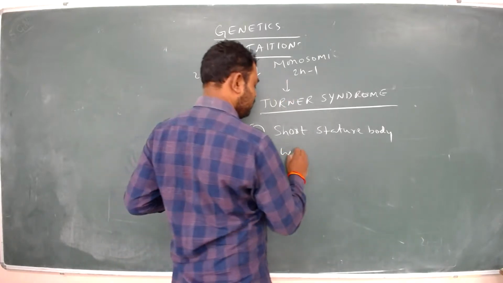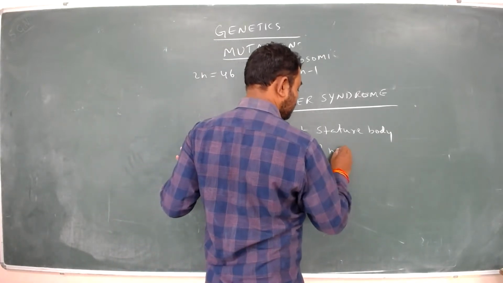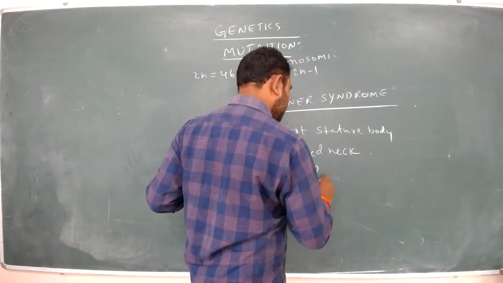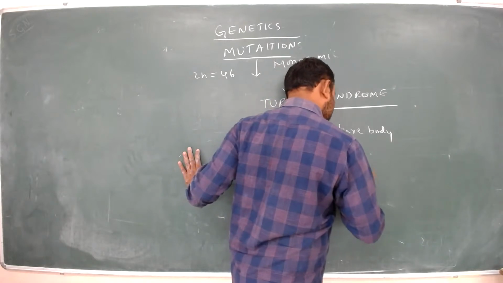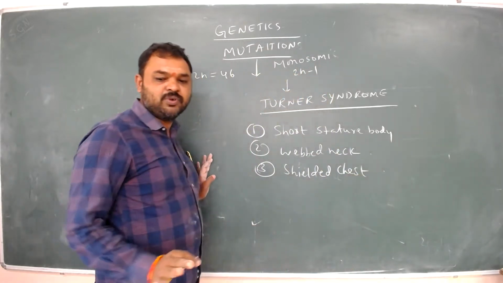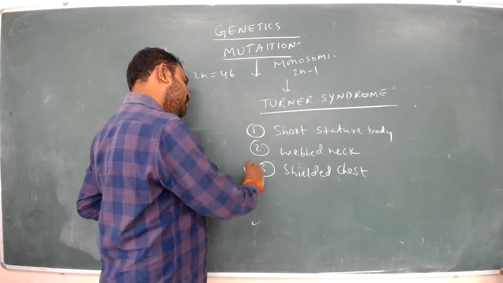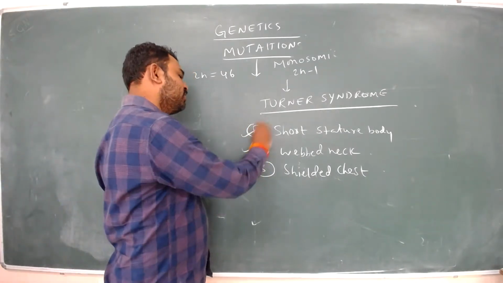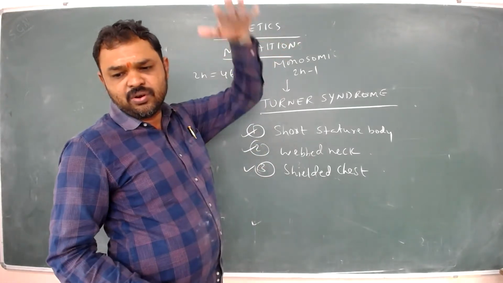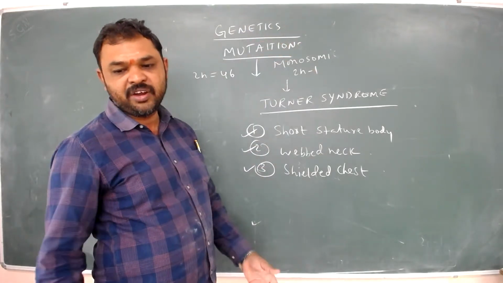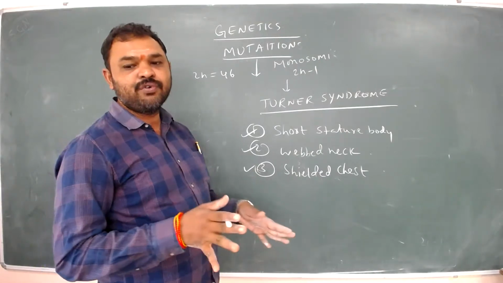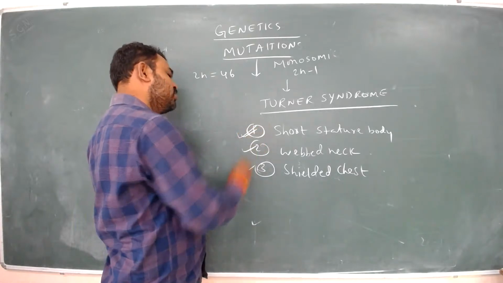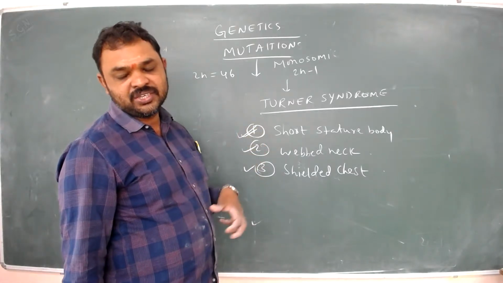Webbed neck, and shielded chest. The chest is not developed and the breast cannot be developed. A webbed neck means a very short neck. They don't grow more than 4.5 feet; their height range is 4 to 4.5 feet. Therefore, short stature body, webbed neck, and shielded chest.